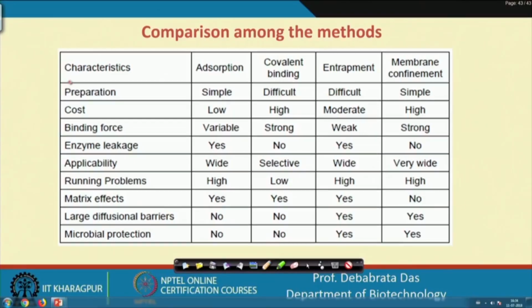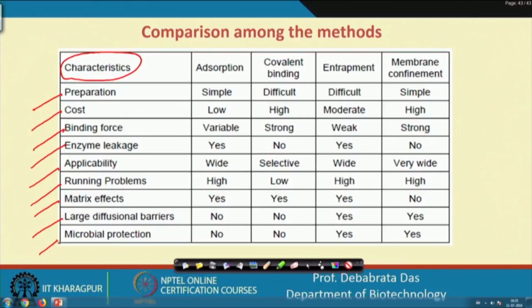So we have to find out what we are actually looking for in a particular enzyme. Let me give certain examples. Suppose here are the characteristics. What are the different characteristics we have? We have preparation cost, binding force, enzyme leakage, applicability, running problem, matrix effect, large diffusion barrier, and microbial protection. Now the question comes, what are we looking for?